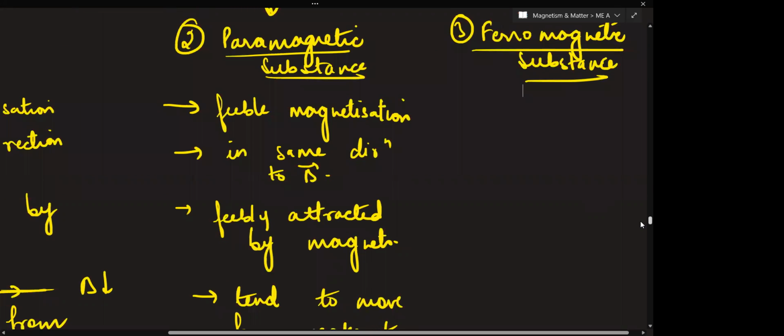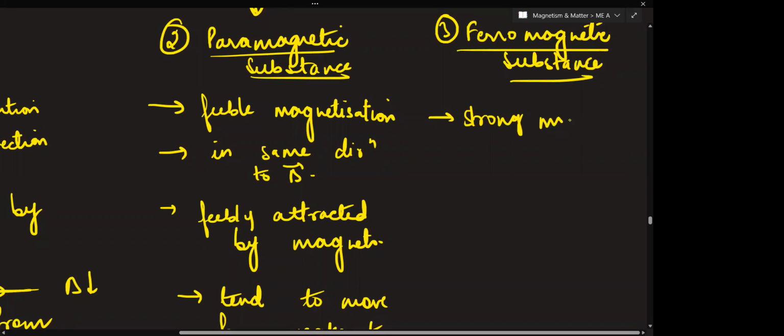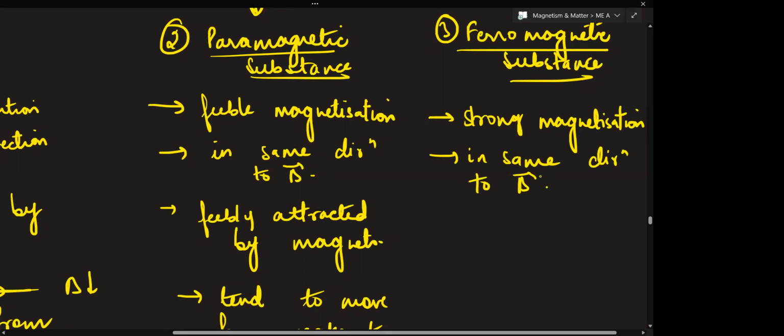Slight differentiation will arise. Instead of feeble magnetization, they develop strong magnetization in the same direction as the magnetic field.